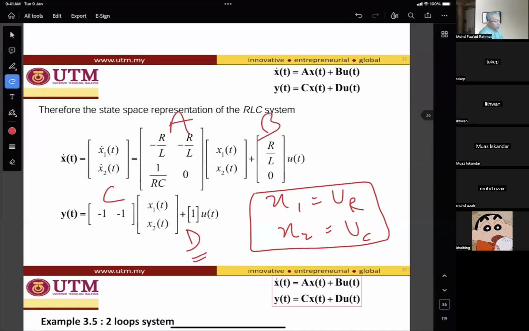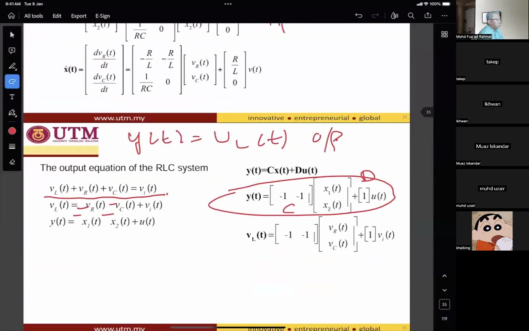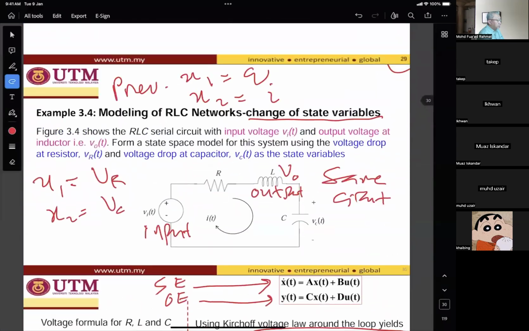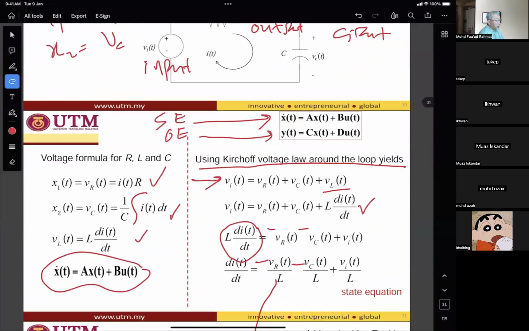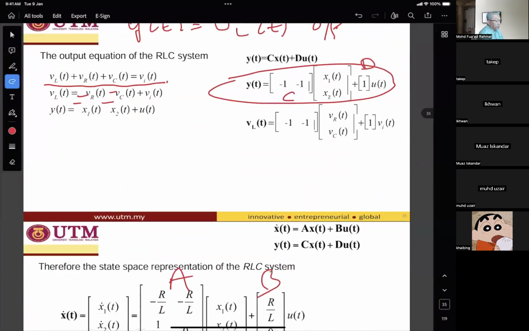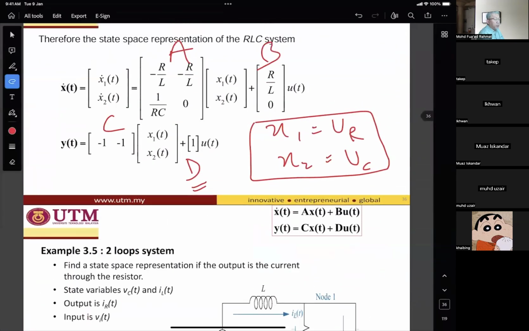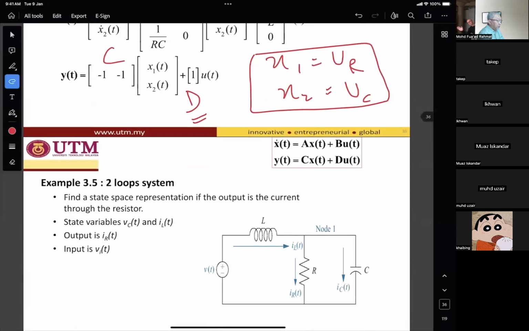If you change the state variable, previously x1 was Q, x2 was, what is x2 just now? Hold on. I, okay, x2 was I. Same circuit, but you change the state variables.